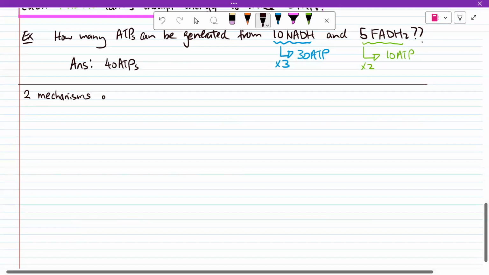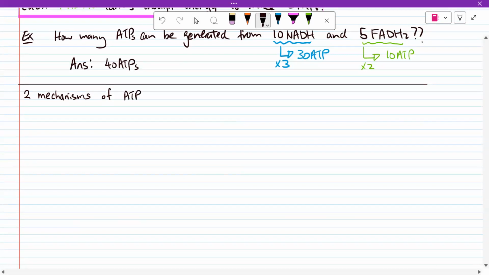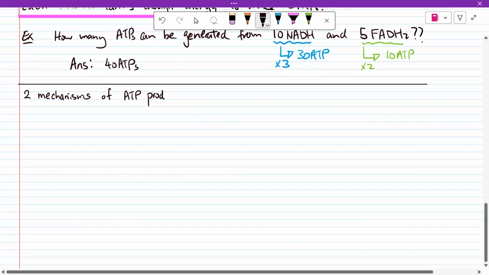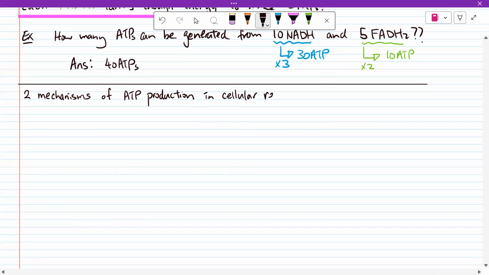Two ways, two mechanisms of ATP production in cellular respiration.